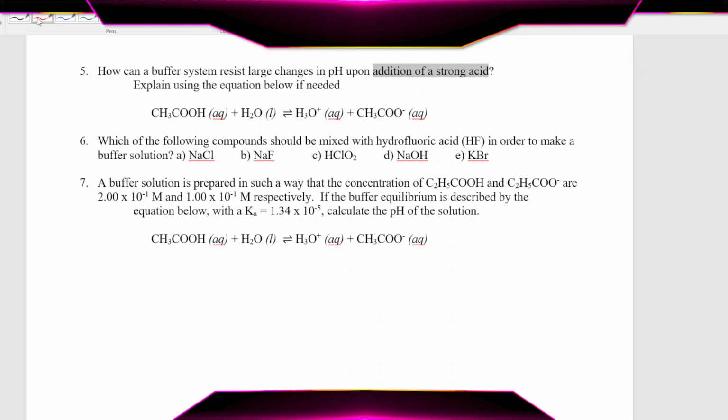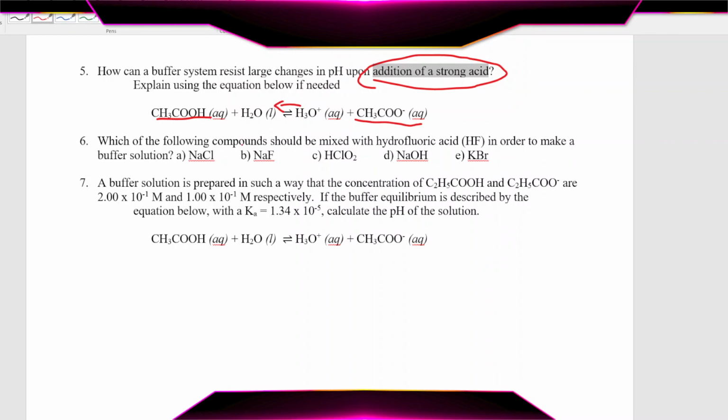Neutralized by what? It's going to be neutralized by the base. So this is the base in our system, this is the acid in the system, and this is the conjugate base. So if you add a strong acid, it's going to be neutralized by this base. So the reaction is pretty much going to go this way. That's what's going to happen.